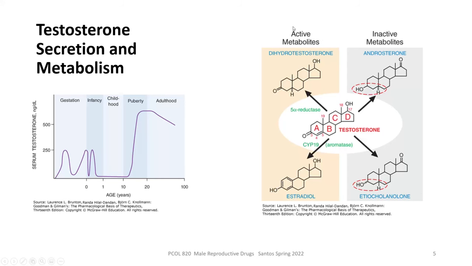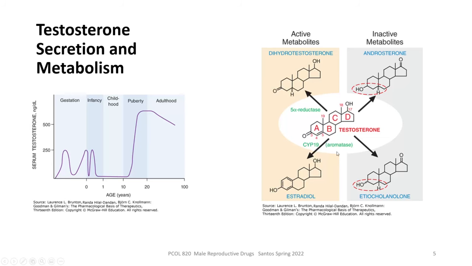But there are also very important active metabolites: dihydrotestosterone, produced by the action of 5-alpha reductase, and estradiol, formed by the action of aromatase.